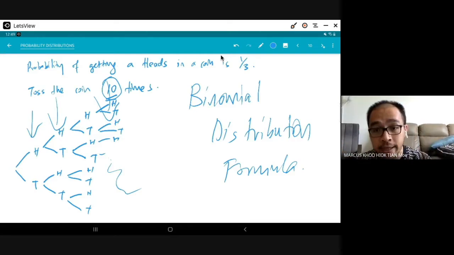Because if it is less than 3 times, you can still do a tree diagram. But what if you take 20 shots? You want to draw a 20 level tree diagram? You could faint. Okay, so we have a shortcut method. And the shortcut method is given in the binomial distribution formula.